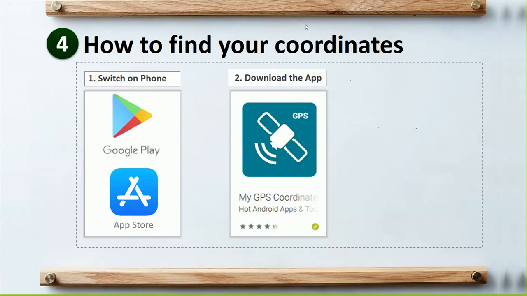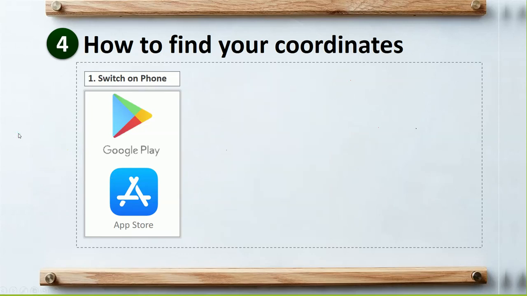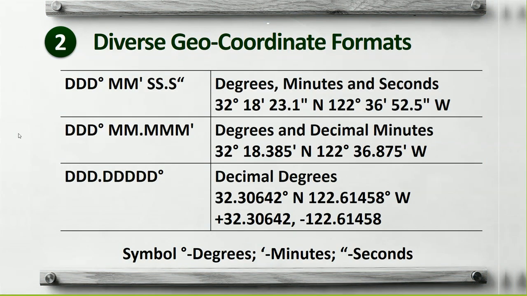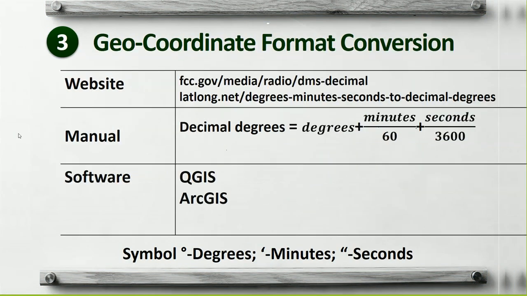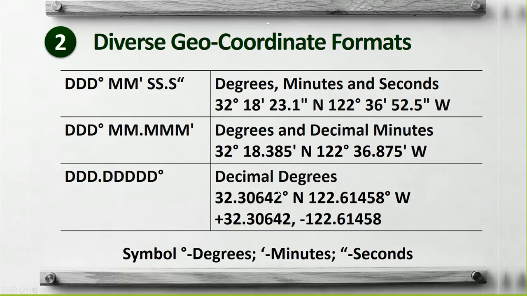Okay, that's nice. Please, can you repeat that assignment, the conversion assignment that you mentioned? Okay, let me go back. The assignments, we have different formats here. We've converted from degree minutes seconds to decimal degrees.